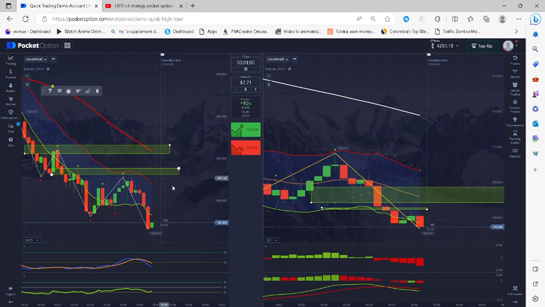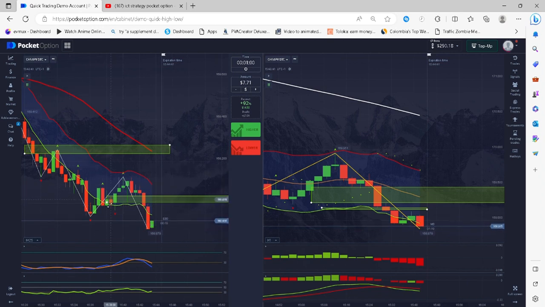Where will it continue to go down again from? This is another fair value gap. This is another fair value gap created on the 30 seconds candle, but we are not seeing it here yet.